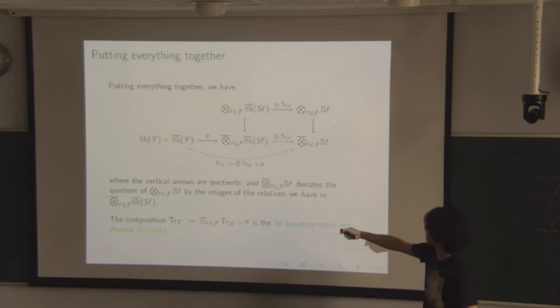So we start from a skein module of Y, which, if it doesn't have a boundary, is the same thing as a reduced skein module of Y. We apply the splitting map, expressing it as a relative tensor product of reduced skein modules of phase suspensions, which is a quotient of the ordinary tensor product, as R modules, of reduced skein modules of phase suspensions.